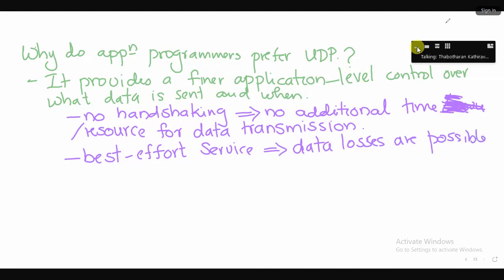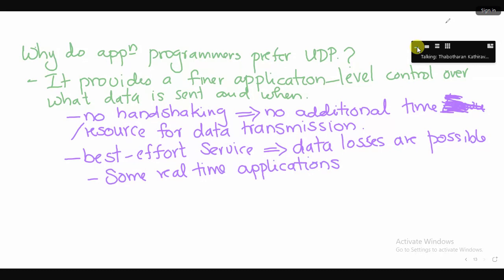So, is that a serious thing? Data losses are possible? Yes. When you lose data, that seriously affects the quality of the data. But for some time sensitive information, for some real-time applications, when you watch some movie or some real-time cricket match, some streaming applications, not everything, some.